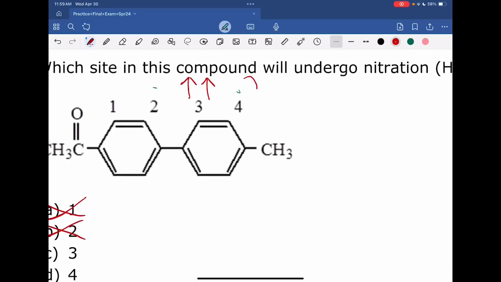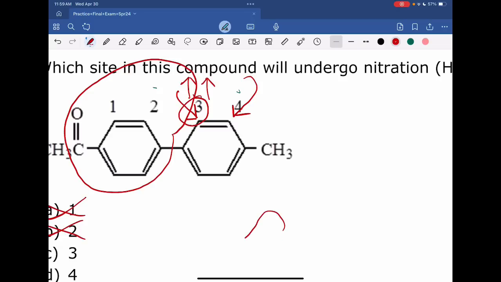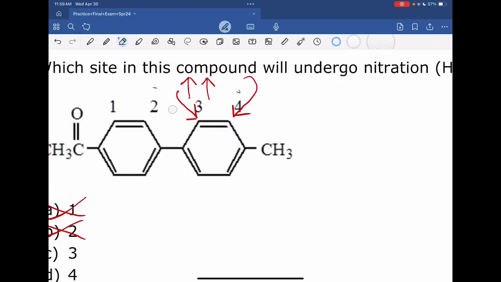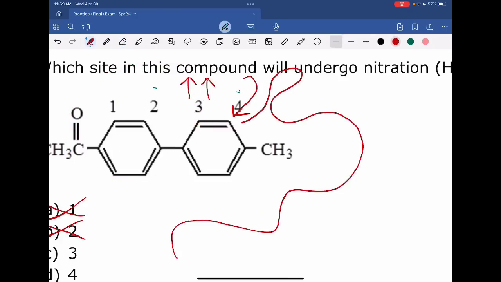I think it's easier for something to get in here than something to get in here, because number 3 would be closer to the ring. So whenever something's on its way, it may bump into the ring and just not make its way to number 3. Whereas number 4, there's definitely less things blocking it. So it could make its way into 4. So I think it's 4.